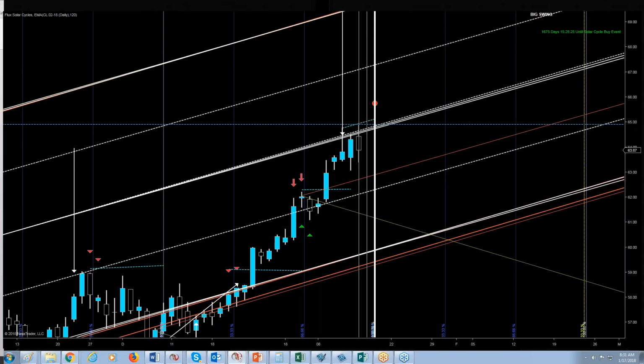If I connect my data to NinjaTrader 8, let me make sure. I'm going to connect this to Kinetick full. That's the one I want.